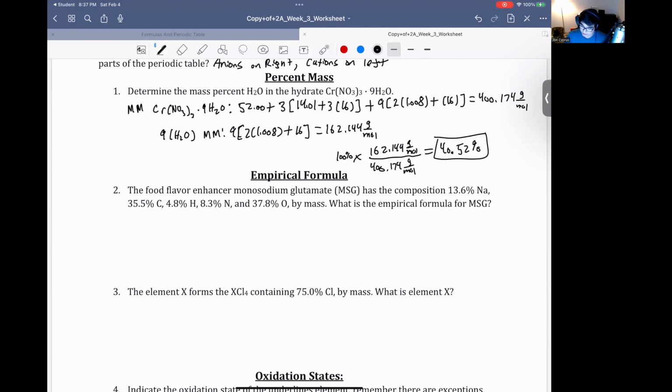All right, we're going to consider 100 grams of substance or of the compound. And then we're going to go ahead and turn these all into moles, right? So 13.6% is 13.6 grams, right? These are all percent by mass. Convert all these to moles for their respective elements, and then divide by the smallest moles here.